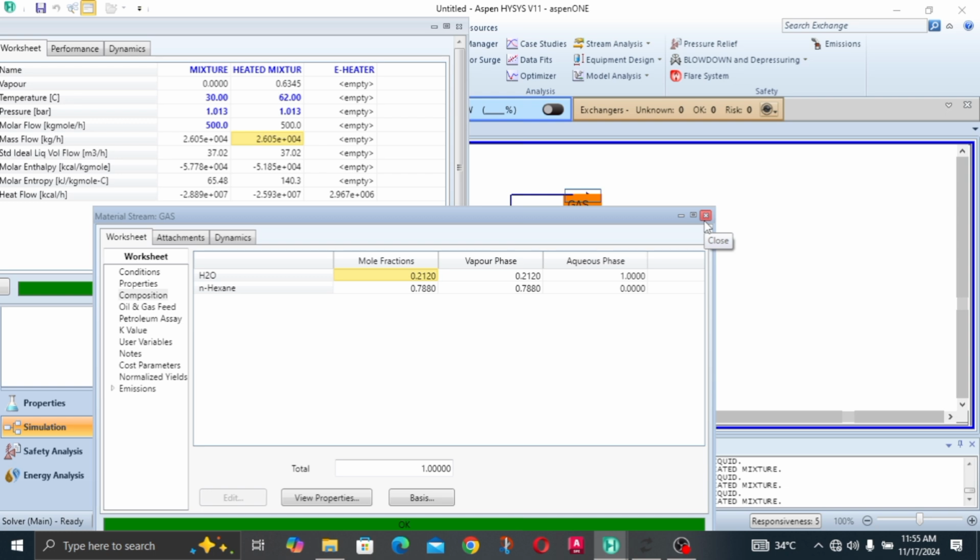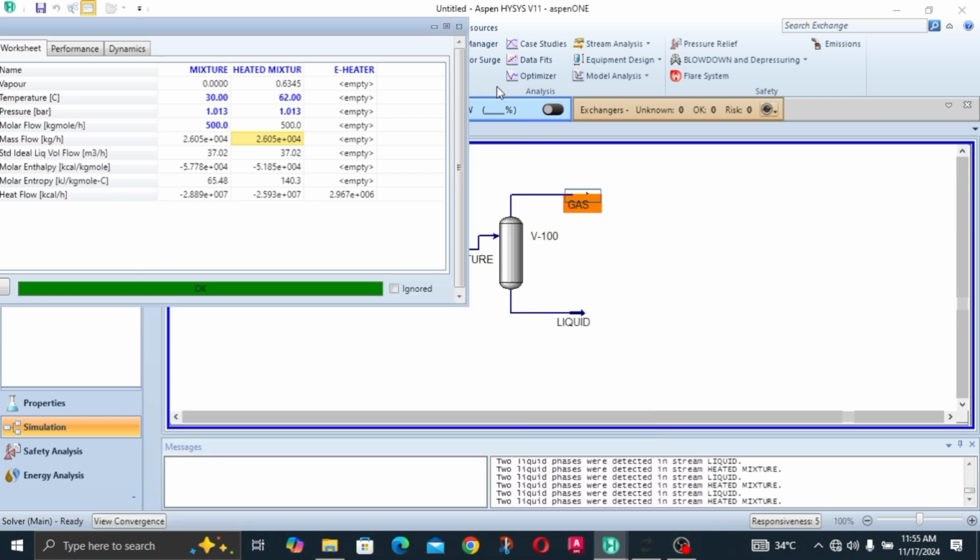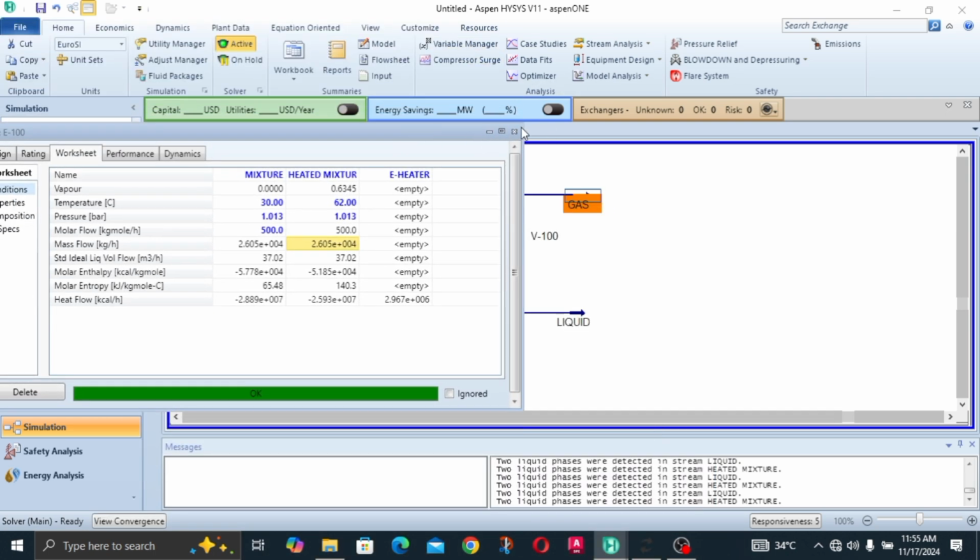With one separator in this evaporation process, we can achieve about 68.8% separation of the hexane from the water. So the hexane purity is 78.8%, and we do have 21% of water at these particular conditions that we have up here.